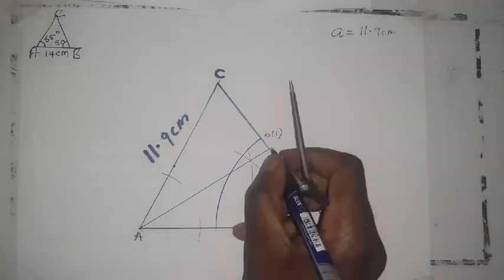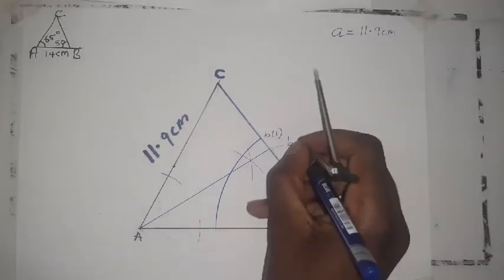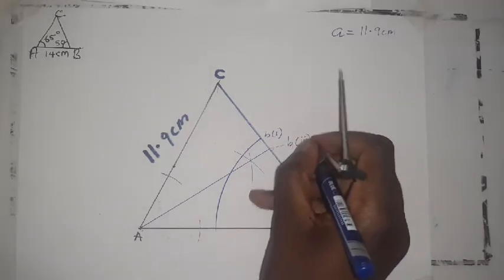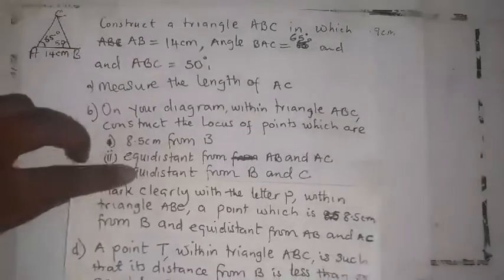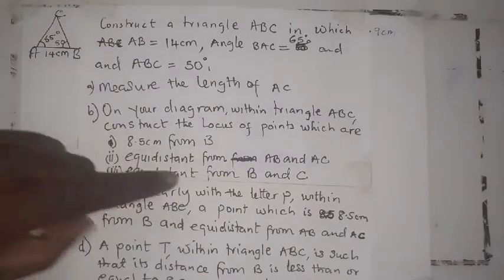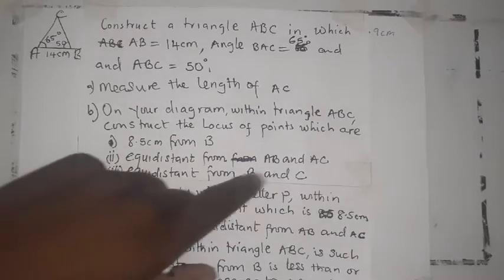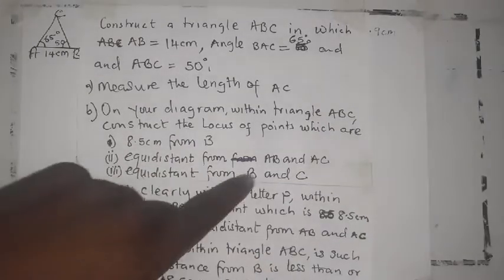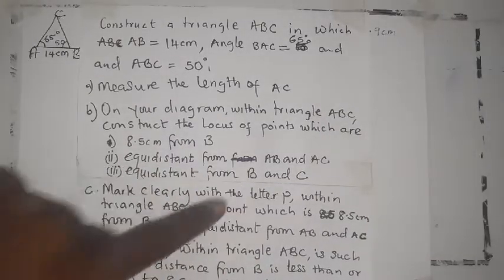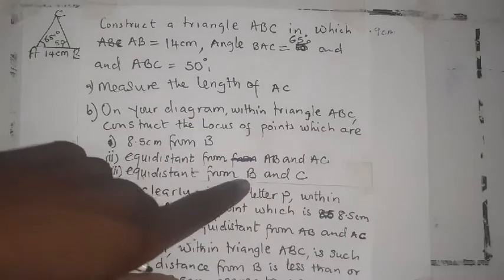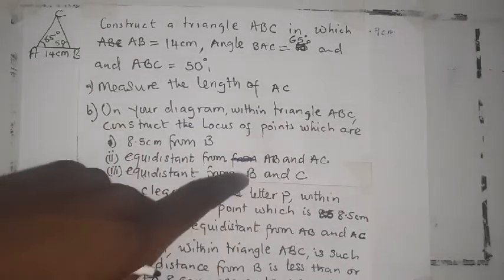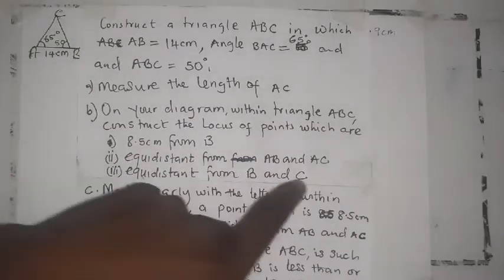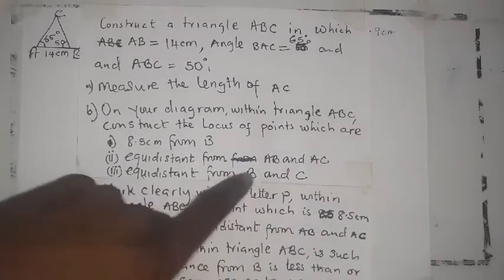Then this other one here, the one that we've just done, is like B, Roman numeral 2, just to show where you're coming from. Then now we have what? Equidistant from B and C. So we need to bisect this line that connects these 2 points, B and C.